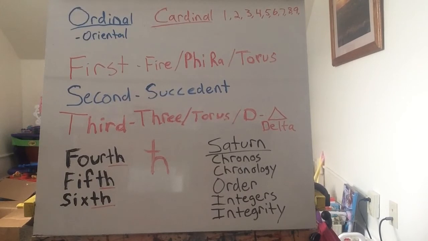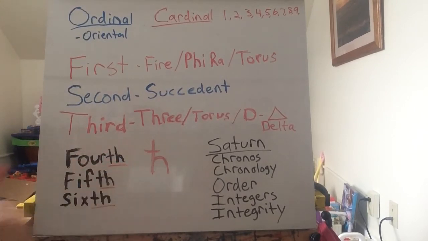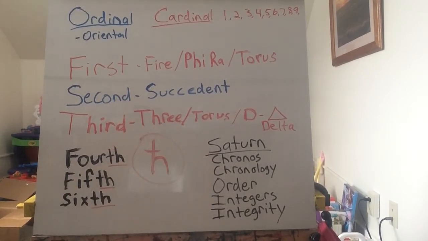And I would be extremely hard pressed to imagine that this TH at the end of these ordinal numbers has anything to do with anything else except for this glyph. It would be just impossible for me to fathom that this comes from anything else. It fits so exactly perfectly, just like the rest of syncretism once you look into it.